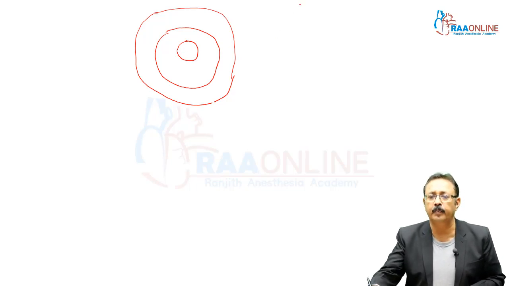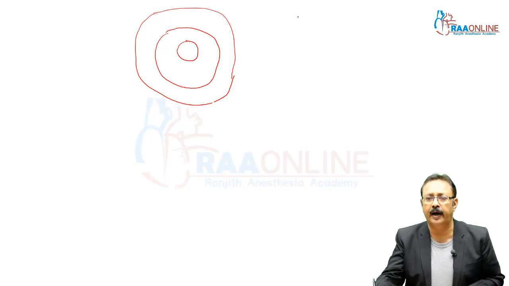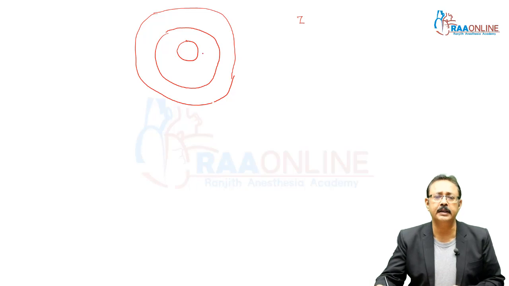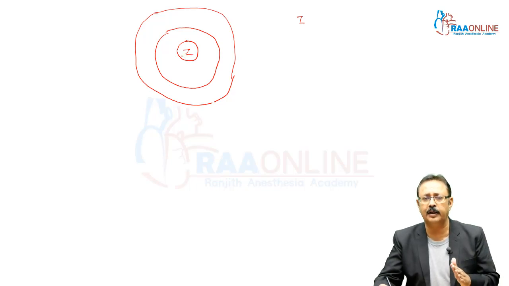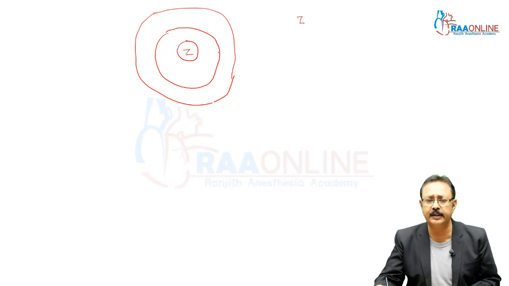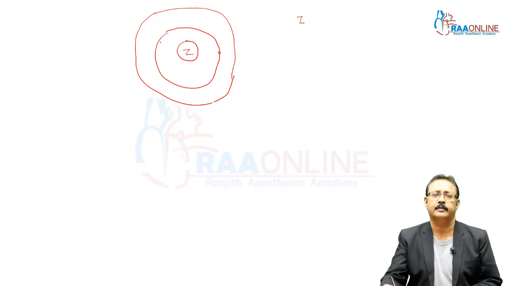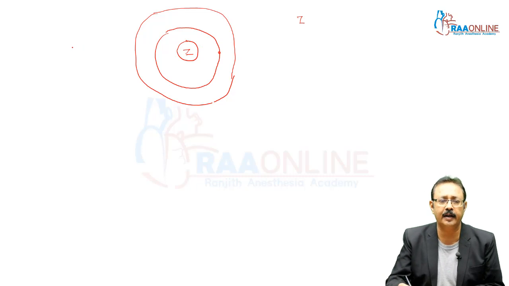If the atomic number of an atom is Z, it means Z protons are there in the nucleus and Z electrons are revolving around the nucleus in fixed orbit levels. From where did they get the idea?